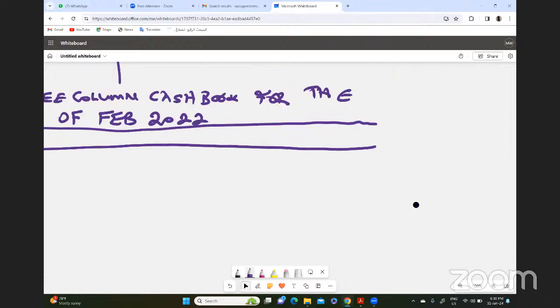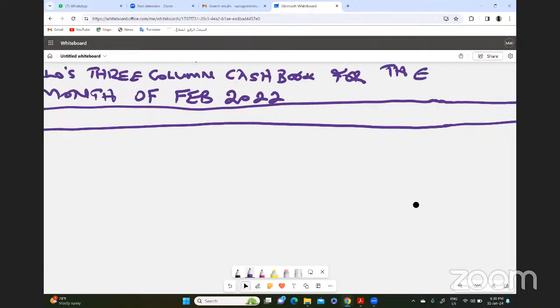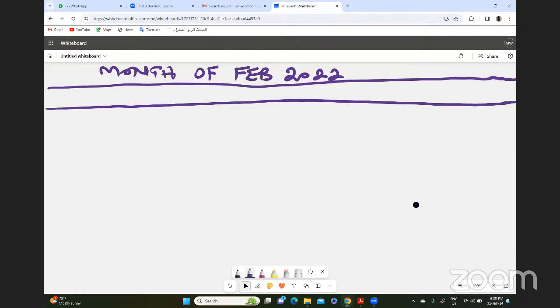Okay, I may need to extend mine to more than 1 page, but find a way, please. If it is a 3 column cash book, there is no crime in you using that booklet in a landscape format. So you can twist the booklet and then you write in the landscape format.